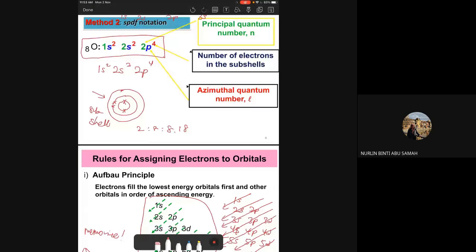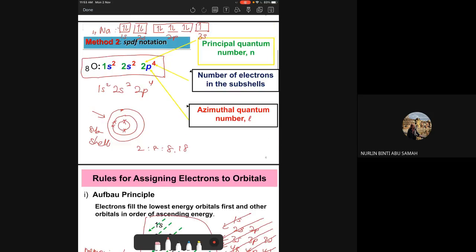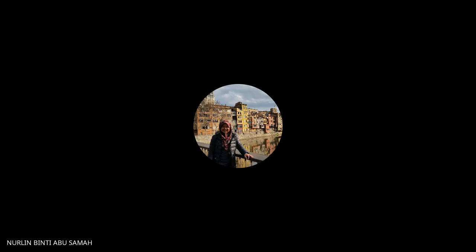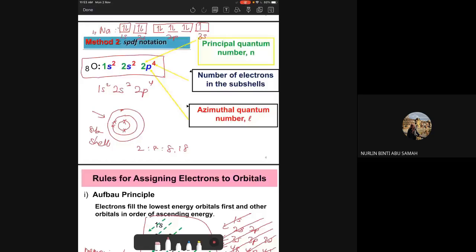Bila kita talk about fundamental, benda tu lebih mendalam. Kalau kamu lukis macam ni, contoh untuk sodium tadi, kalau yang kamu belajar sebelum ni 1, 2, 3, 4, 5, 6, 7, 8, 9, 10, 11, betul? So valence elektron dia, betul?